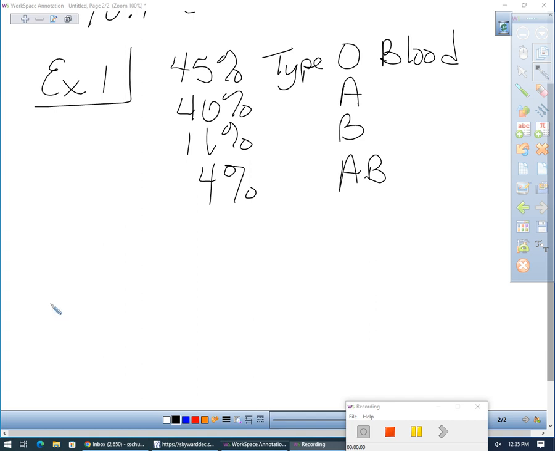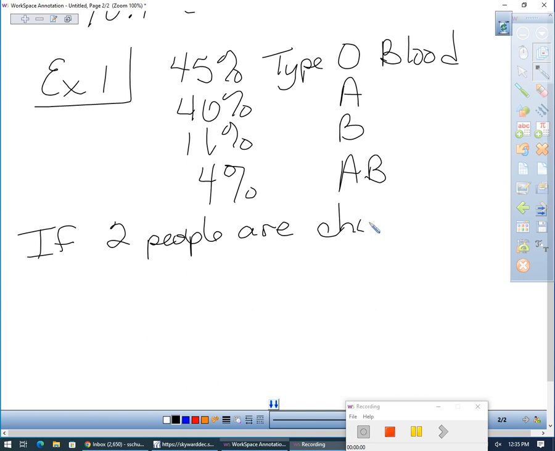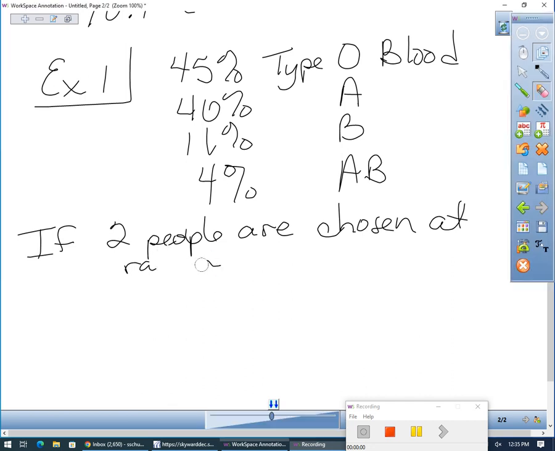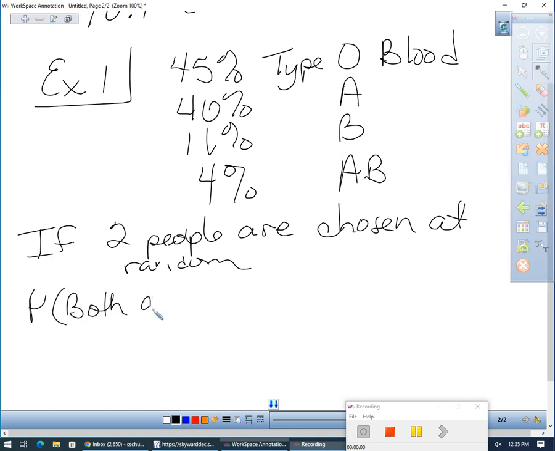What if I said, if 2 people are chosen at random, I want to know, what is the probability both are O?